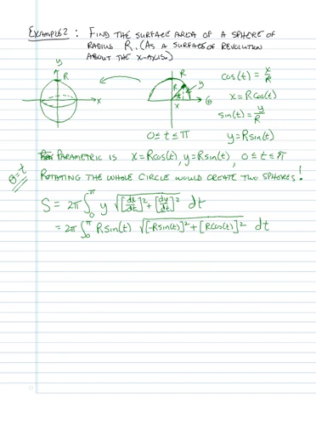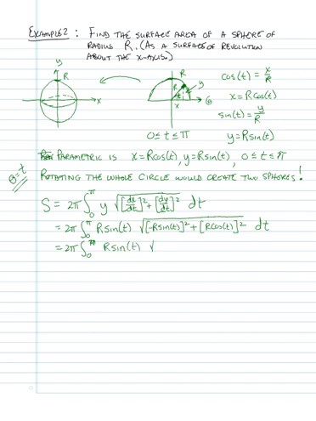Now, what we'll notice here is inside the radical, the upper limit of integration is pi, r sine of t.